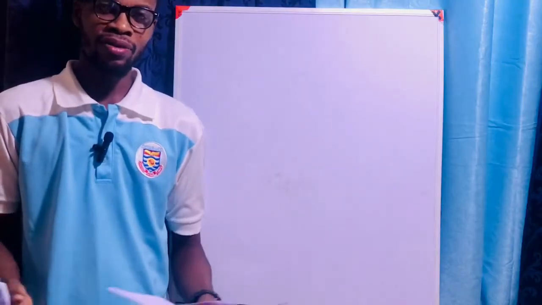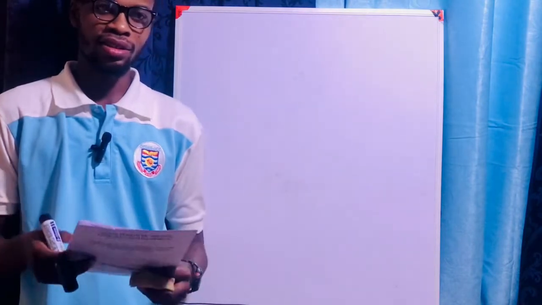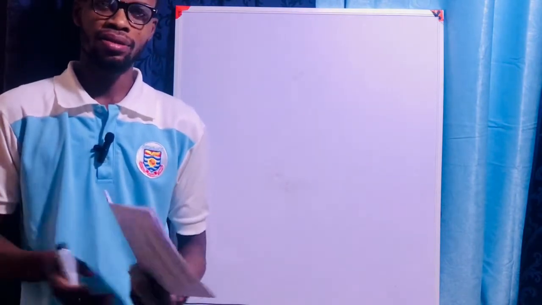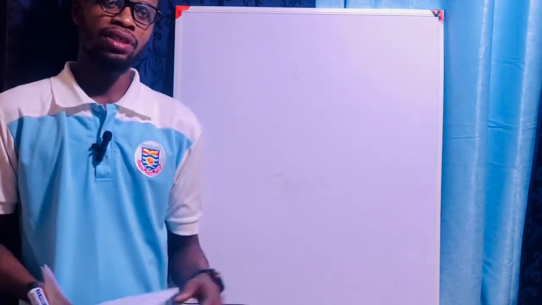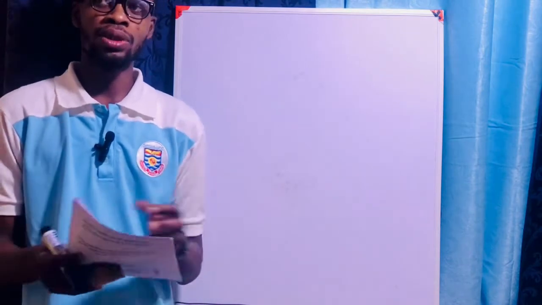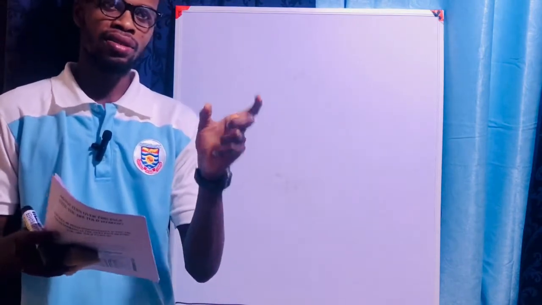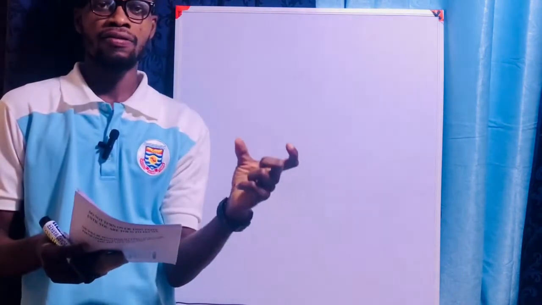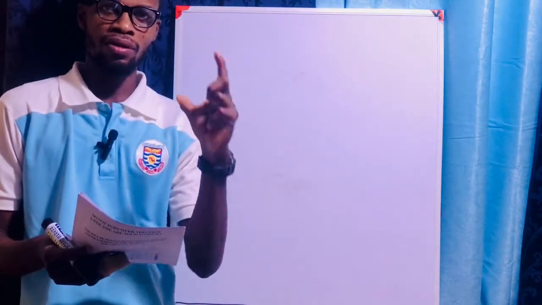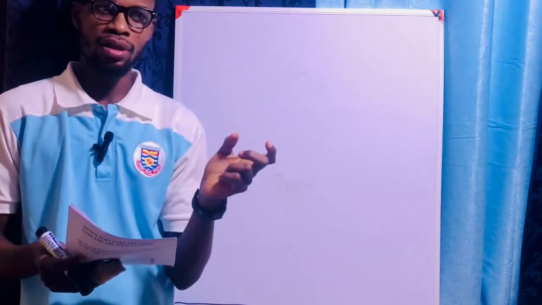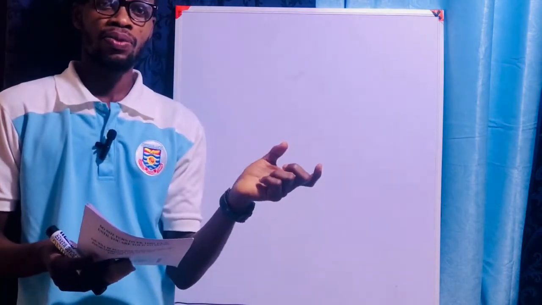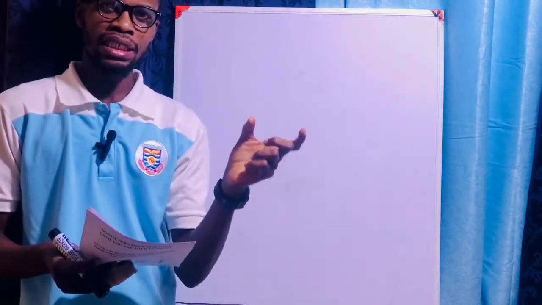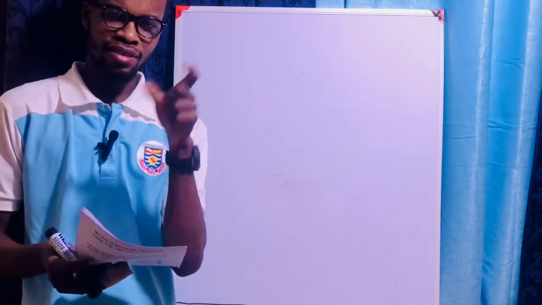All right. So one of my viewers wanted me to talk about this calculation that has to do with scale. The type of question he sent me had a scale given in the question, and then they give a figure, one of the measurements, either the actual distance or the map distance.